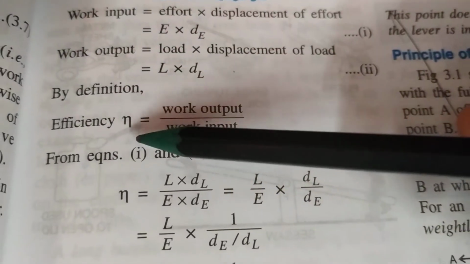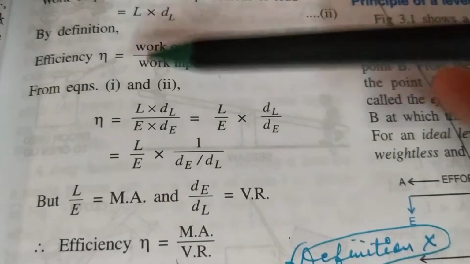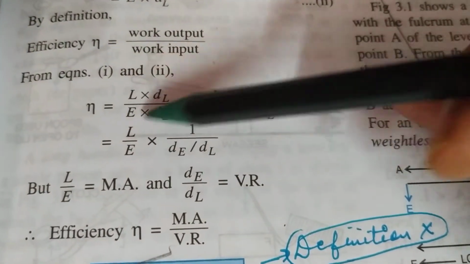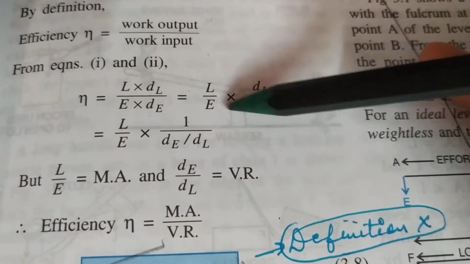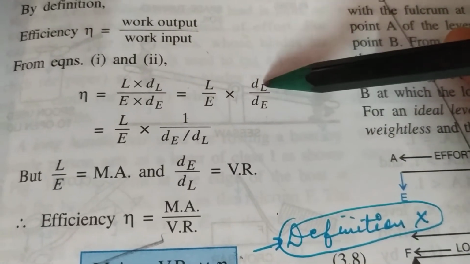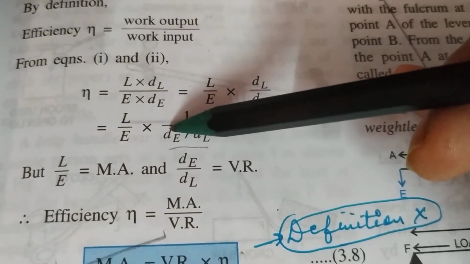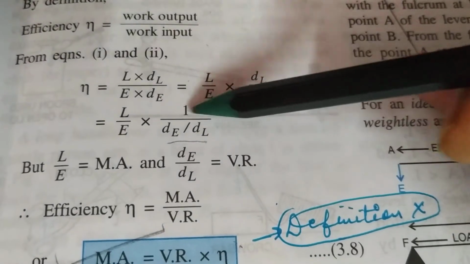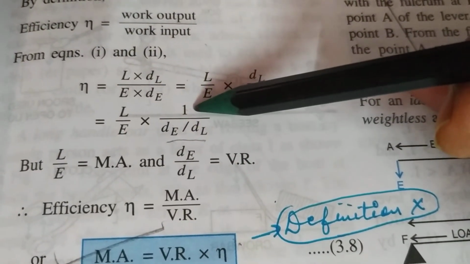And by the definition of efficiency, it is work output upon work input. Substituting these values, we will get this relation. And in this relation, we will do a little adjustments like this. L upon E will keep separate, multiplied by dL upon dE. Now, this dL we can write as the denominator of dE. In the denominator we can write dL, so we can write it 1 upon dE upon dL. Obviously dL comes in the numerator.